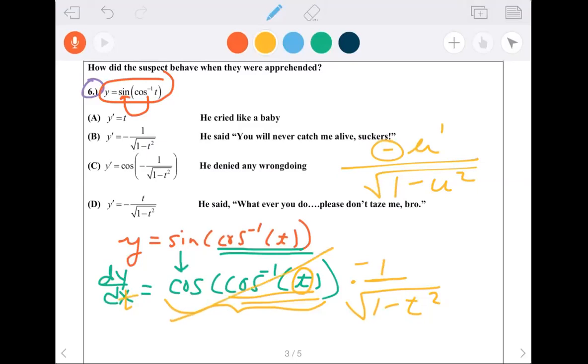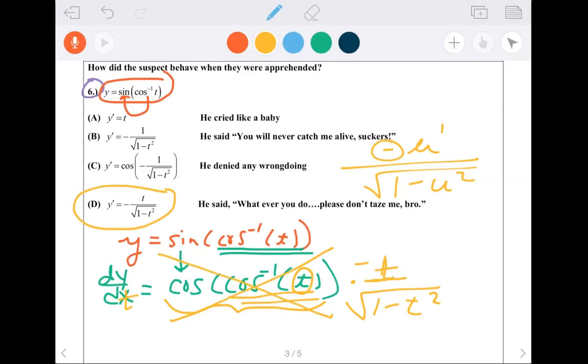They undo each other. So cosine of cosine inverse of t is just t. So he said, whatever you do, don't tase me, bro. All right, does that make sense?